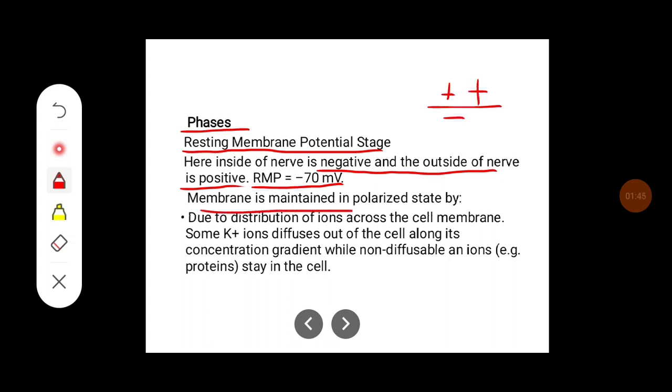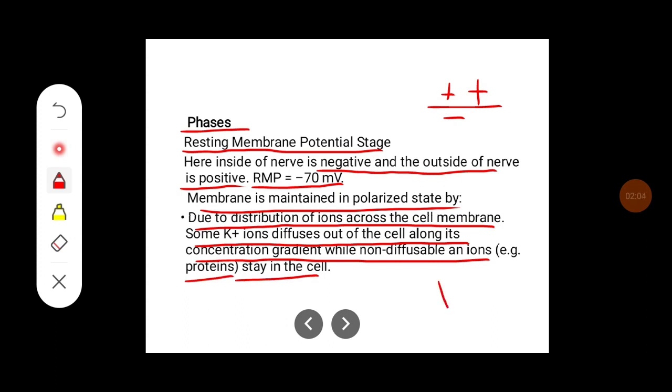The membrane is maintained in a polarized state due to the distribution of ions across the cell membrane, and some ions diffuse out of the cell along their concentration gradient, while non-diffusible ions, that is proteins, stay inside the cell. Inside the cell there are some negative ions, because of which there will be an unequal distribution of the ions.